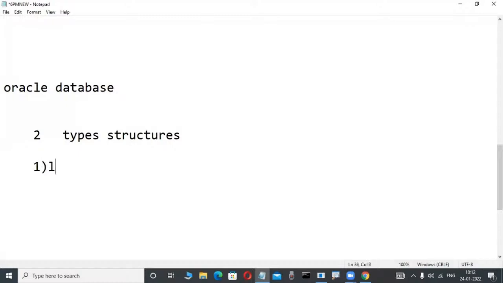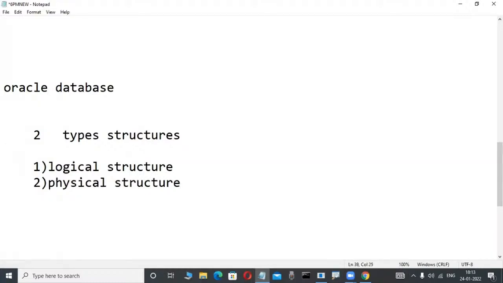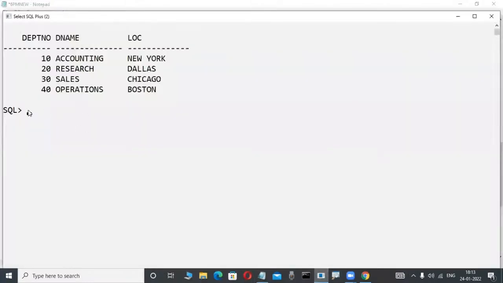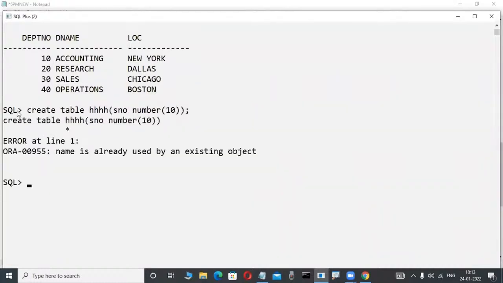What is a logical structure? Suppose you are creating a table or anything in your database. For example, now here, suppose I am creating a table like this. Whenever I am creating a table, observe here.